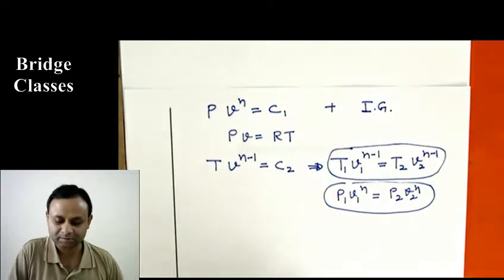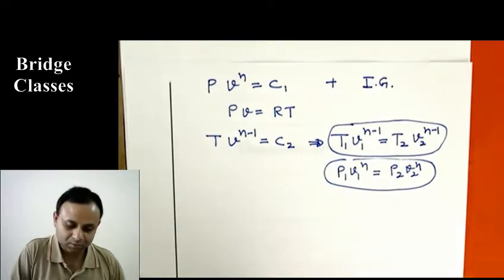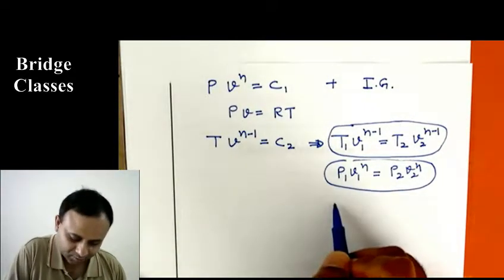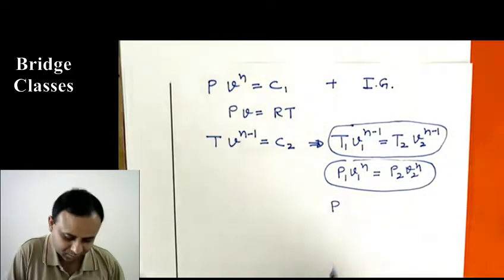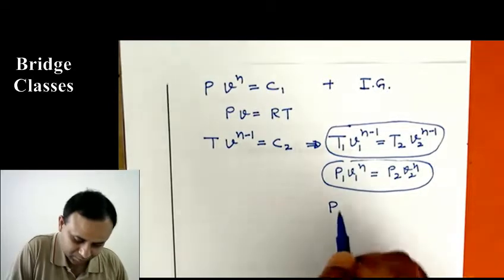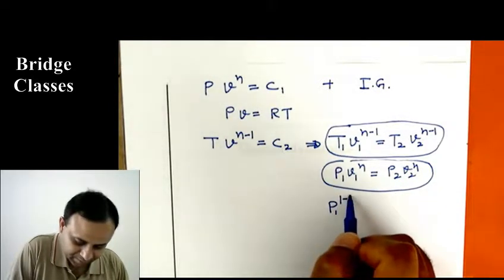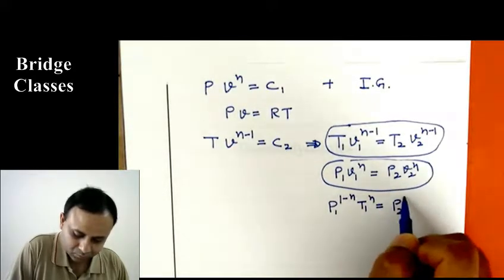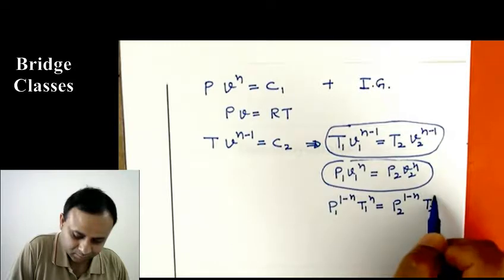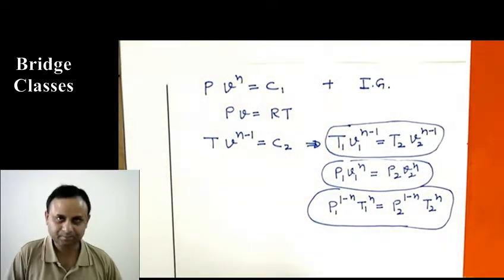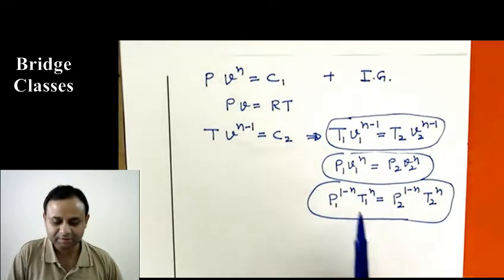So if it is polytropic and also an ideal gas, we can use this. Or we can eliminate volume from this equation by using the ideal gas law, where volume is T over P, and you will get P1^(1-n) T1^n equals P2^(1-n) T2^n. Okay, so these three equations are identical.